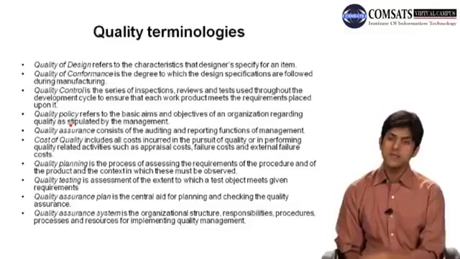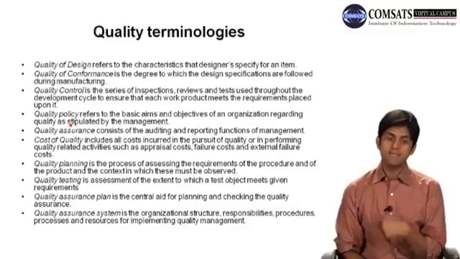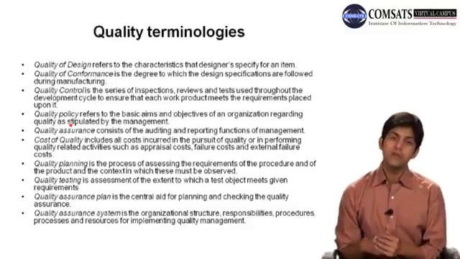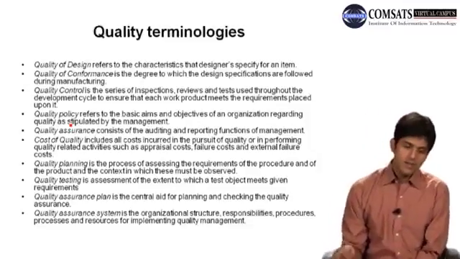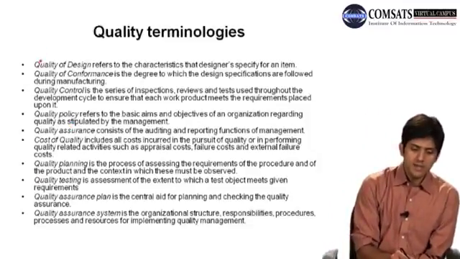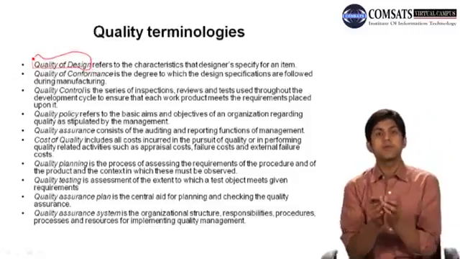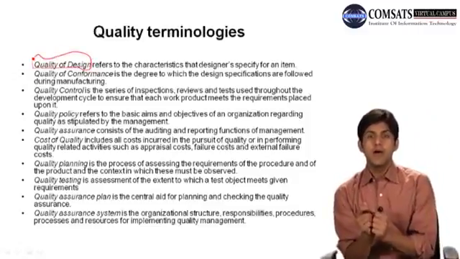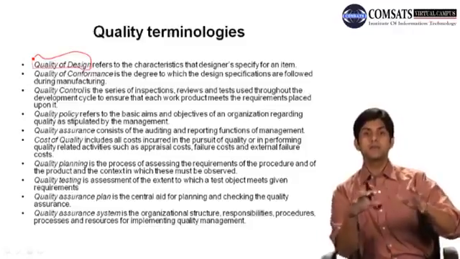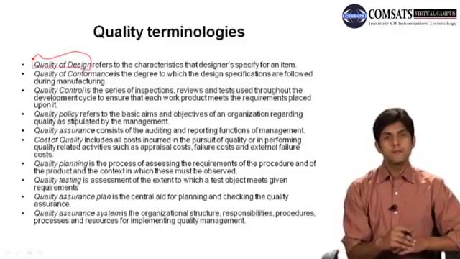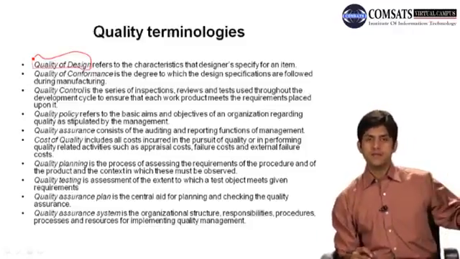Then you have quality of conformance. Quality of conformance is the degree to which the design specifications are followed during manufacturing. ठीक है, यानी कि आपने डिजाइन के अंदर बता दिया कि these are the characteristics which my product should have and they would define that the design is good. ठीक है, that is at the design stage.